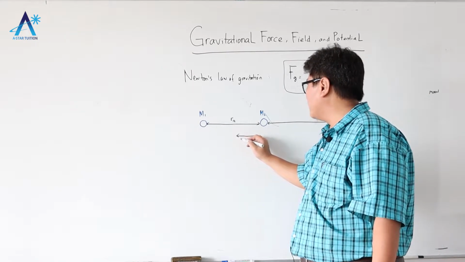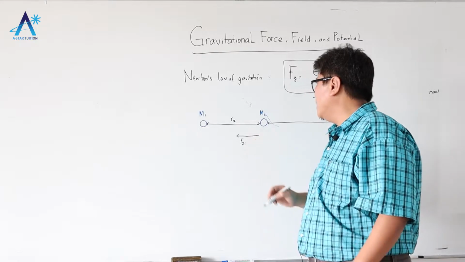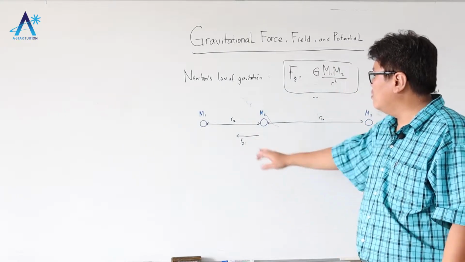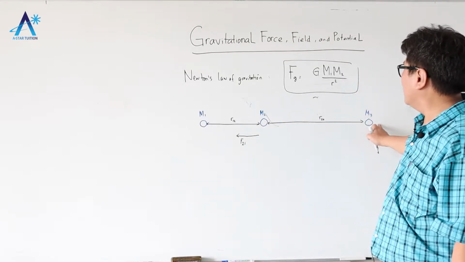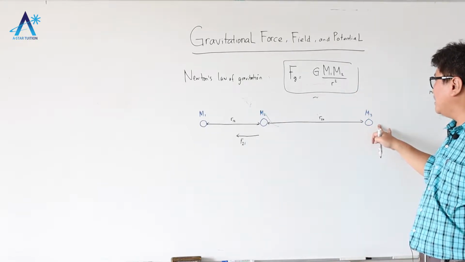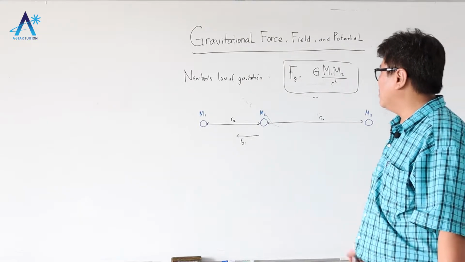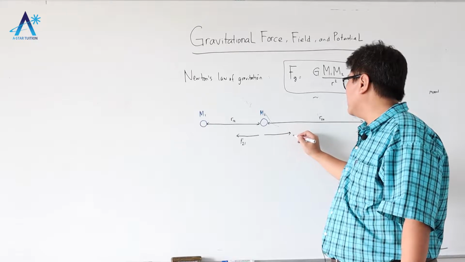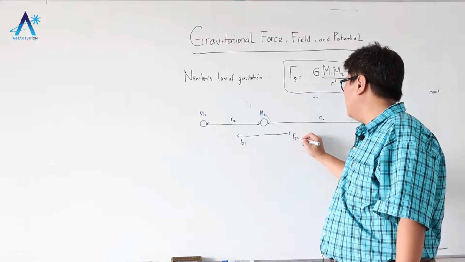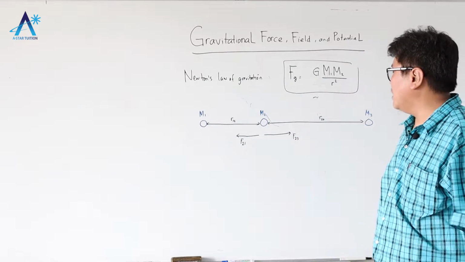This is called F21, which means the force on 2 due to 1. And also here you can see that there is mass 3 to the right of m2, so m2 is attracted to the right by force F23, which is the force on 2 due to 3.